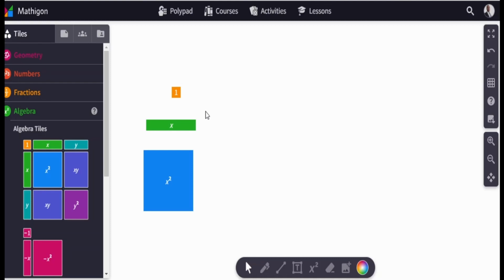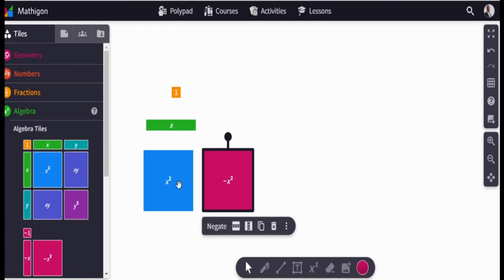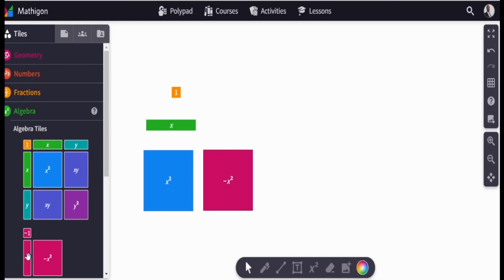So in our case here, because it is virtual, it's not designed to flip over. So this is the negative x squared tile, which is the back of this one in the physical condition, and this is the negative x tile, which is supposed to be the back of the green tile, and this is the negative 1 tile, which is just the back of the orange tile.